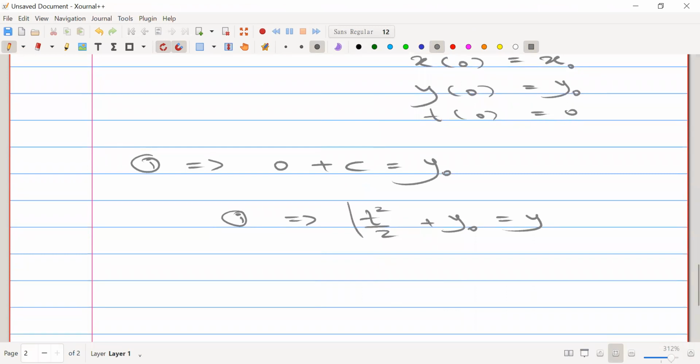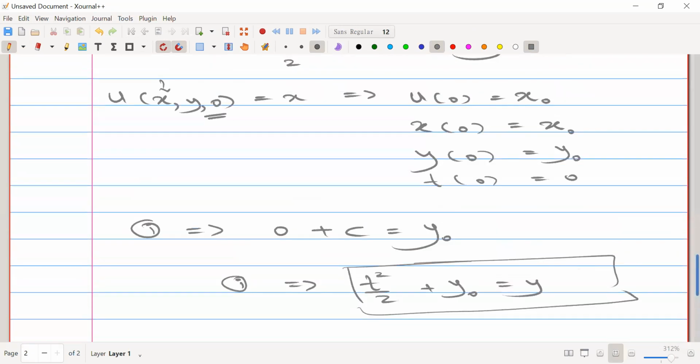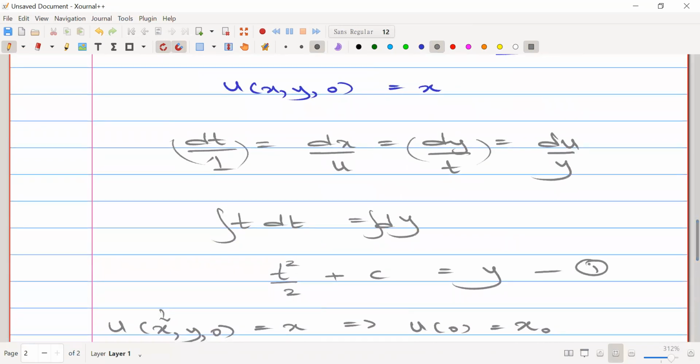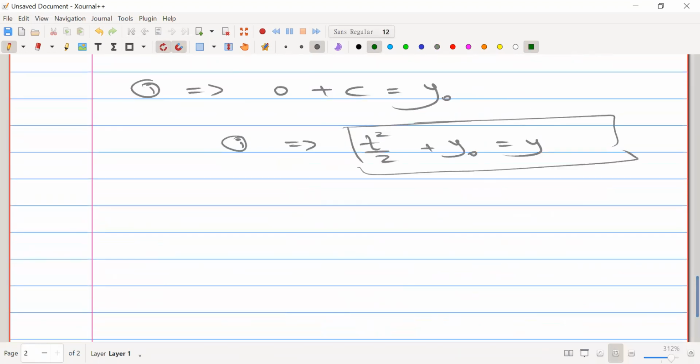Now we can use this expression for y in any other pair. We have the value of y in terms of t, so we can replace y with t squared over 2 plus y naught, and then use this with the pair dt over 1. So it will be separable. We have dt equals du over y, where instead of y we keep t squared over 2 plus y naught.